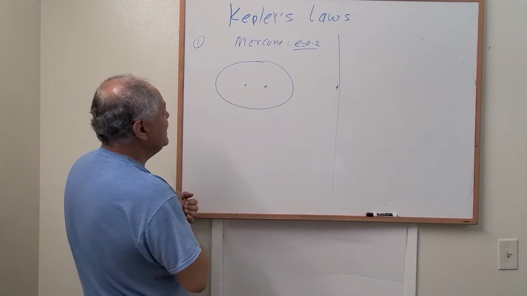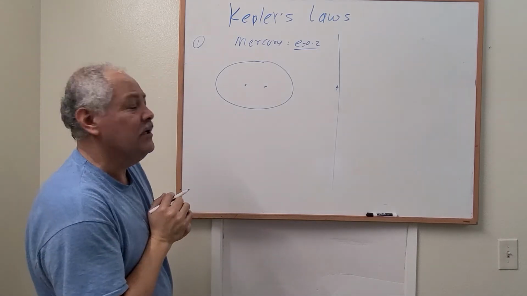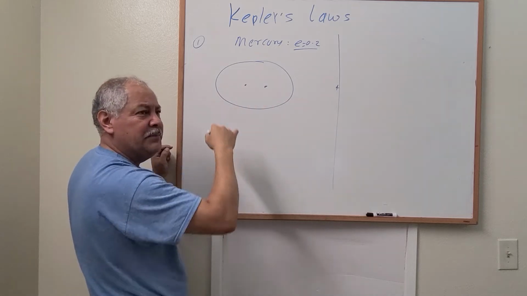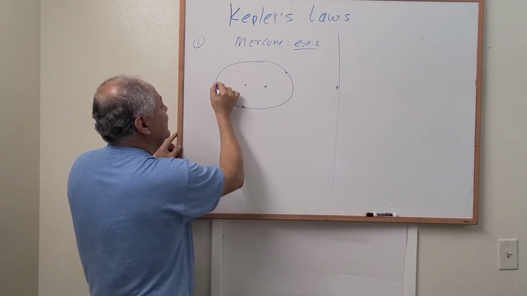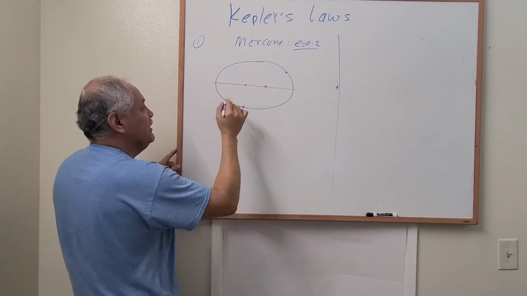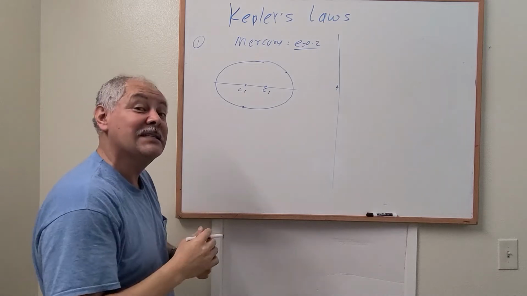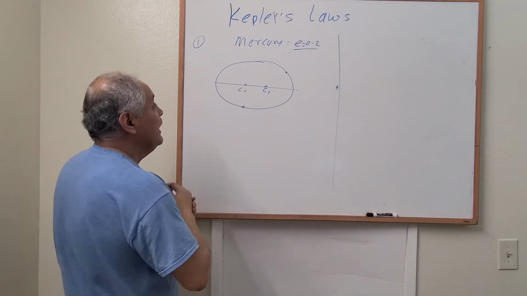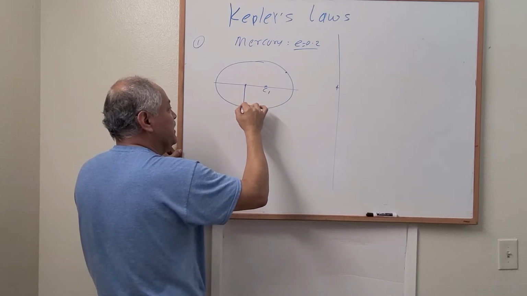Then let's go to the first law, Kepler's first law. Once we create the ellipse, let's take any 2 points. Imagine this is the major axis, and these are the focal points of the orbit. Now, let's take the distance from here to here, and from here to here.